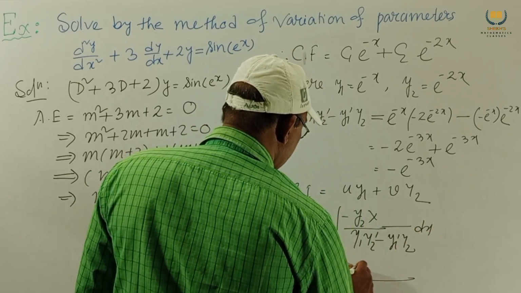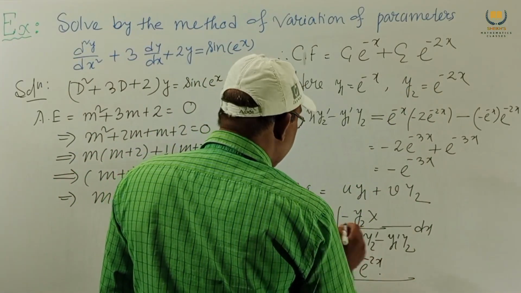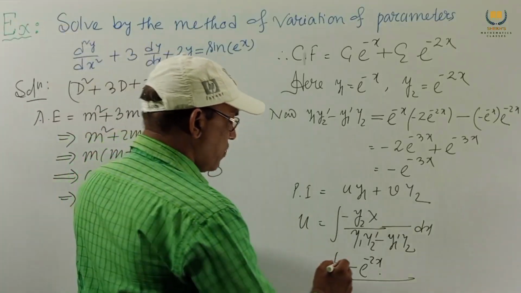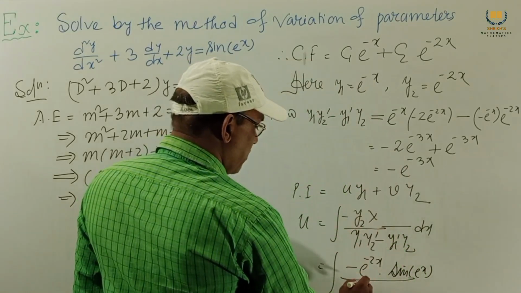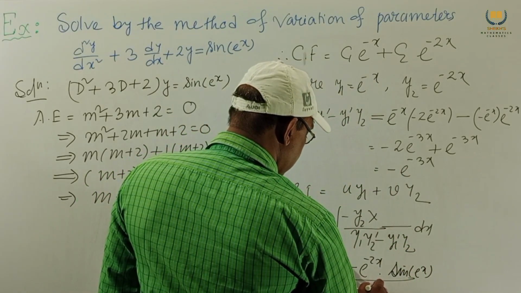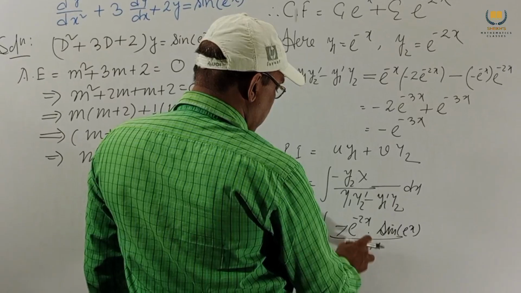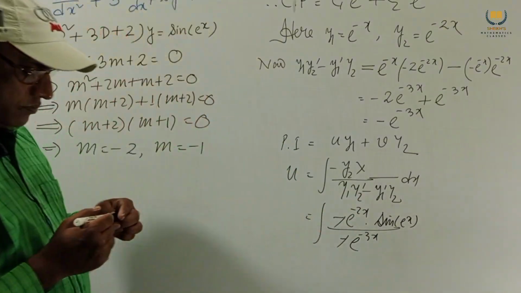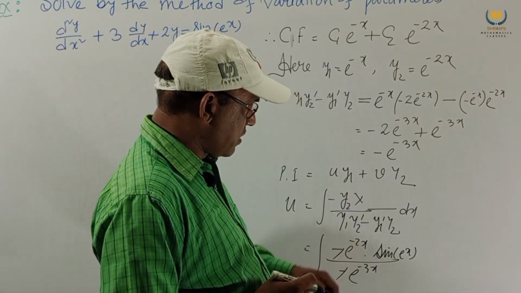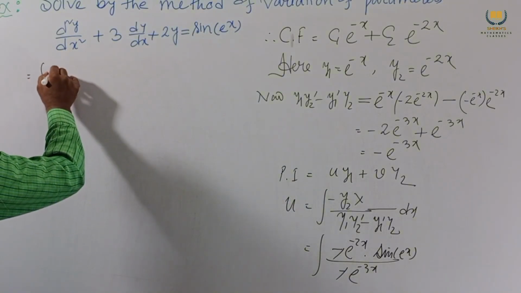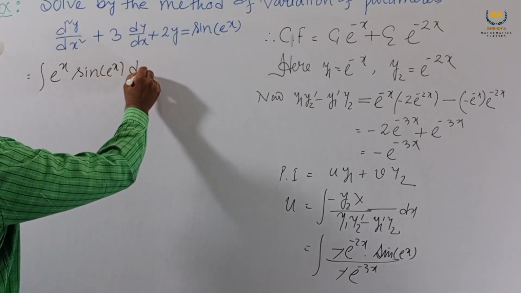This is minus y2, which is e to the power minus 2x, and X is sin e to the power x, divided by the value we already found, minus e to the power minus 3x. Minus minus cancels. Taking this in the numerator, the power becomes positive, 3x minus 2x, which is x. So we get integral of e to the power x sin e to the power x dx.